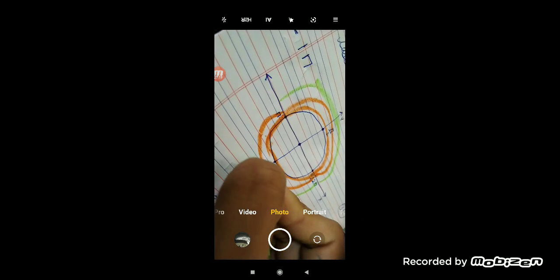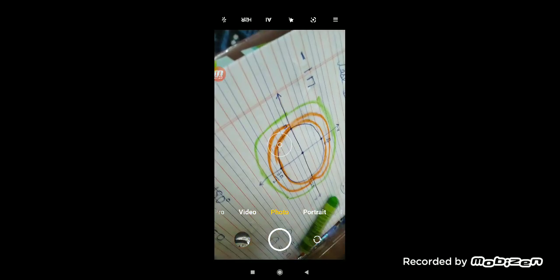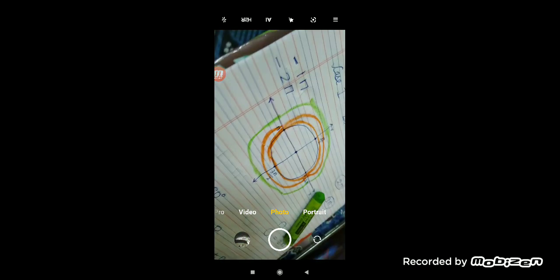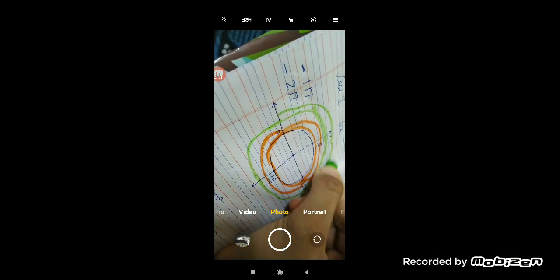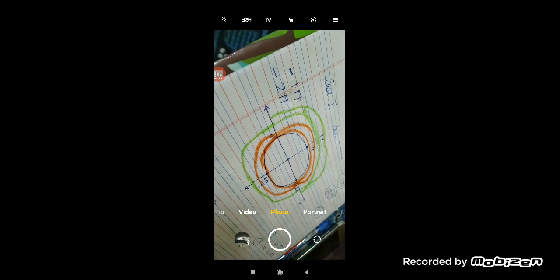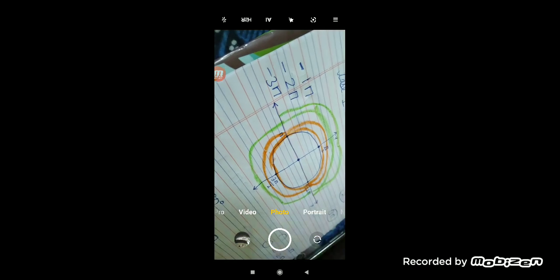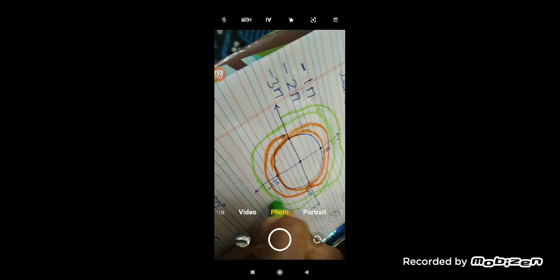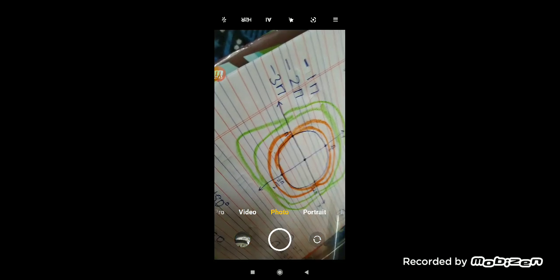And we go again like that. This is minus 2 pi, and we go again like this. This is minus 3 pi, and then we go again like this. This is minus 4 pi.